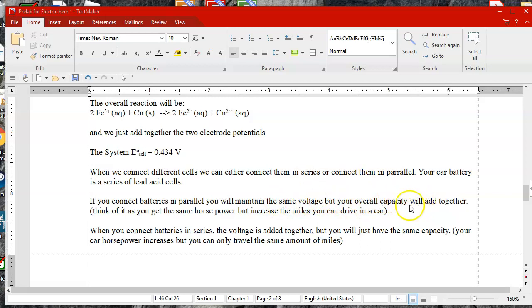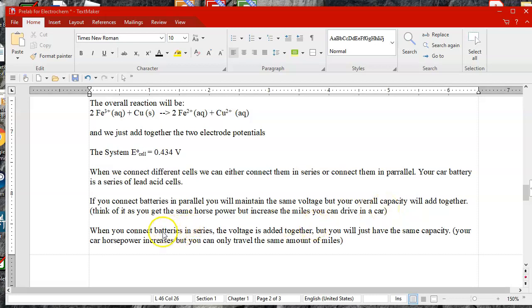So same voltage, but the overall capacity increases. You can kind of think of this, this is just an example that I came up with here, as if you get the same horsepower, but the number of miles that you can drive with the car increases. Okay, so kind of like maybe increasing the amount of gasoline or something like that.